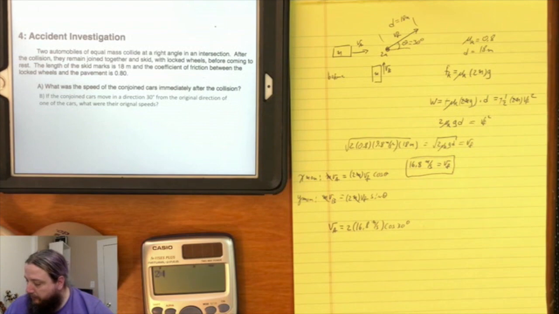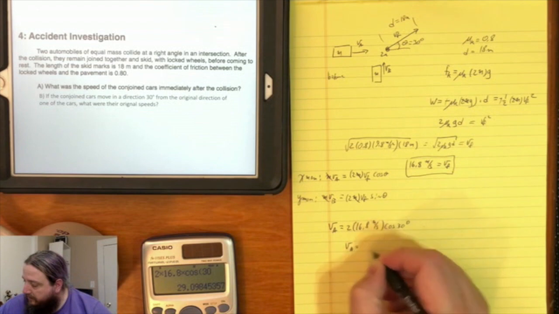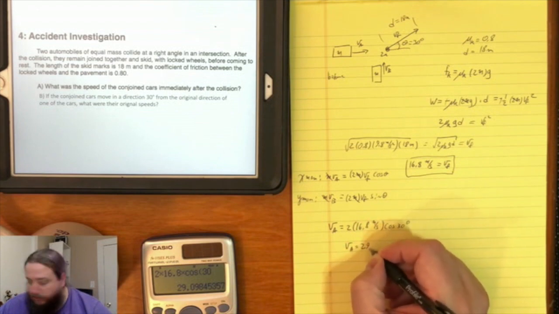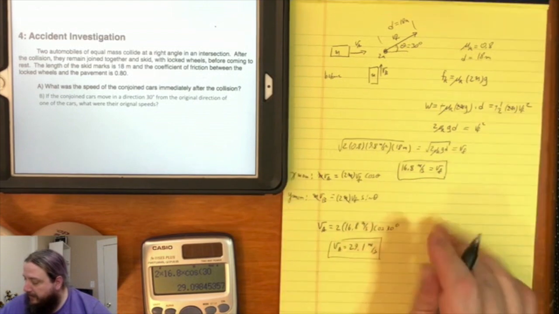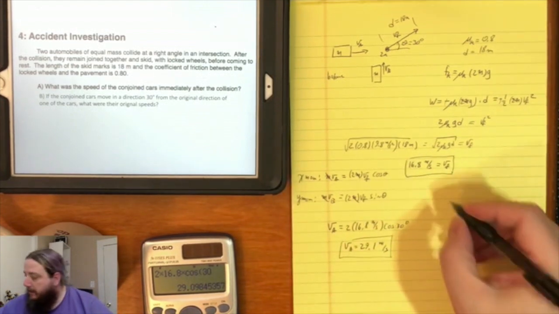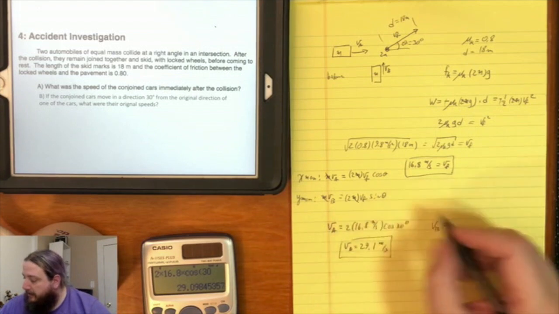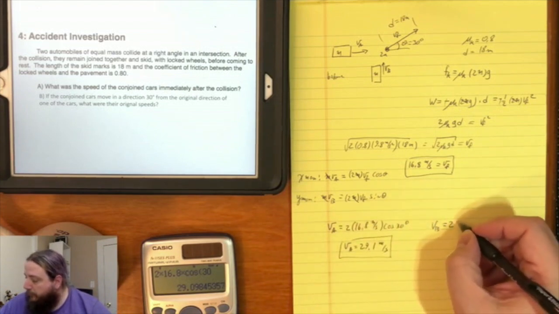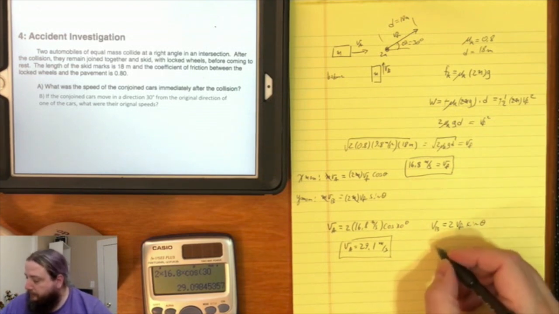So 2 times 16.8 times the cosine of 30 degrees gives us 29.1 meters per second for A. And velocity B is 2 times vf sine theta.